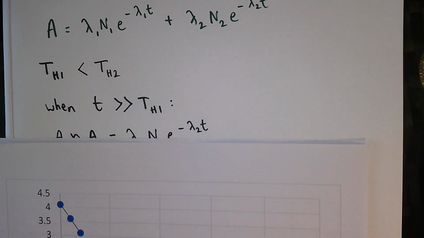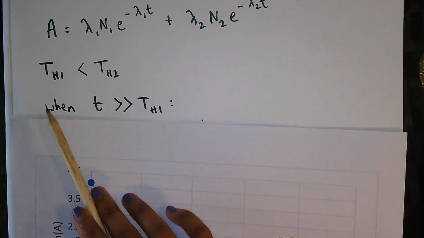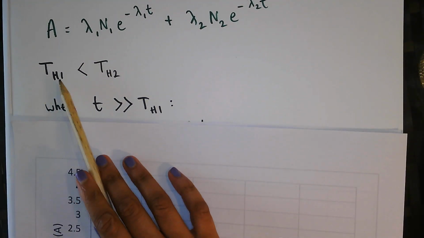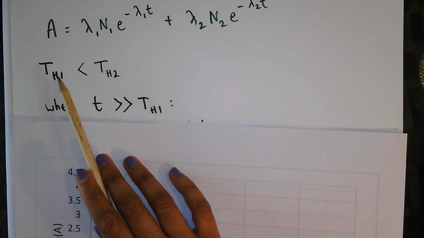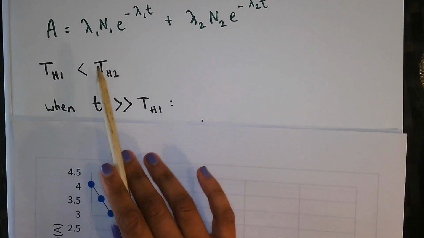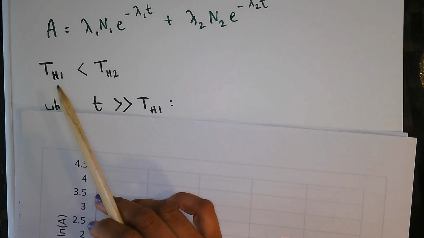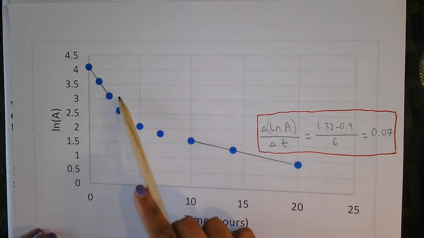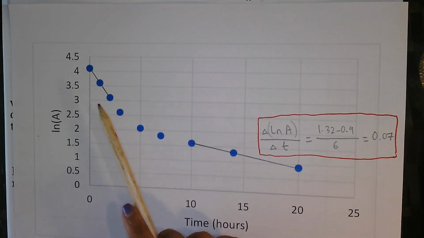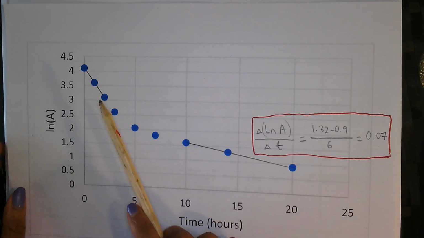So we can say that when t is small, the first component is going to be decaying much faster than the second component. So when t is small, in this section of the graph, the activity is dominated by the first component.